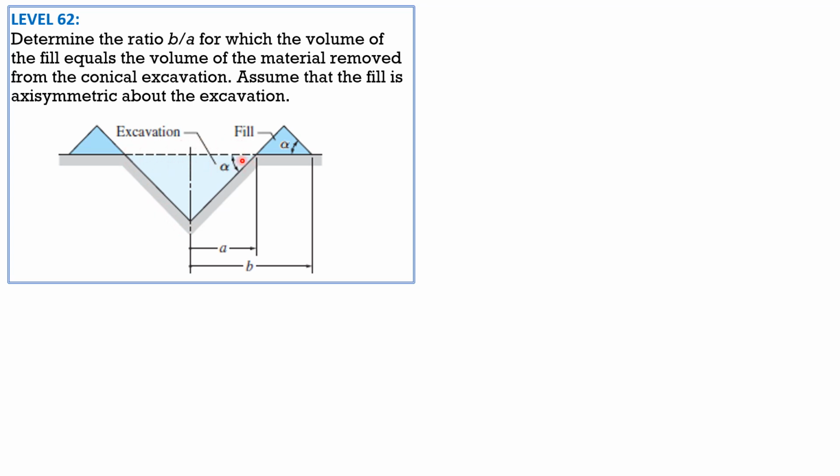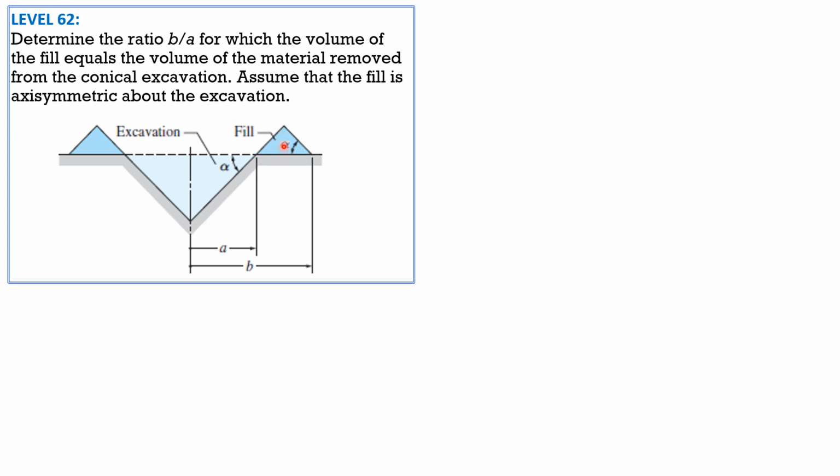The volume of this fill is equal to the area times the distance traveled by the centroid around the top of the conical excavation, and the area is 1/2 this base, which is B minus A, times the height, let's call that h1 later.